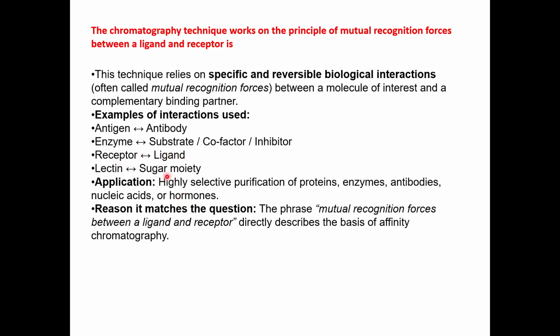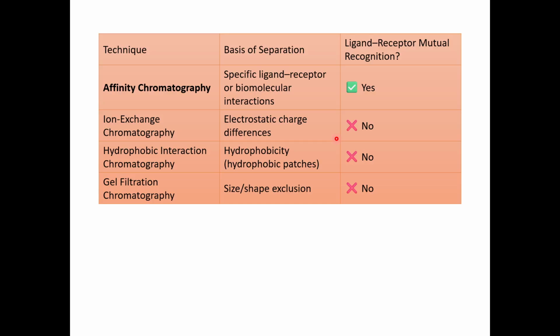So we can make use of that if you have any kind of polysaccharide targets that you have to purify. Then applications: highly selective purification for proteins, enzymes, antibodies, nucleic acids, or hormones. And the phrase mutual recognition forces between a ligand and a receptor directly describes the basis of affinity chromatography. So, this is nothing but affinity chromatography.